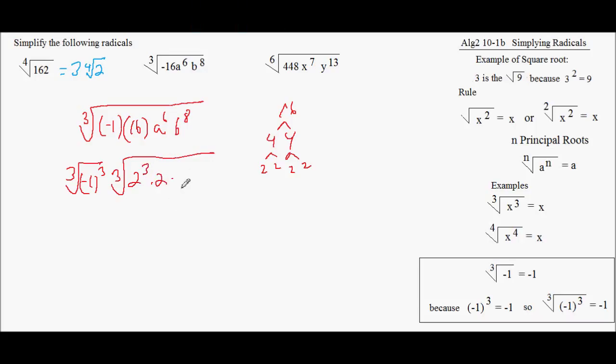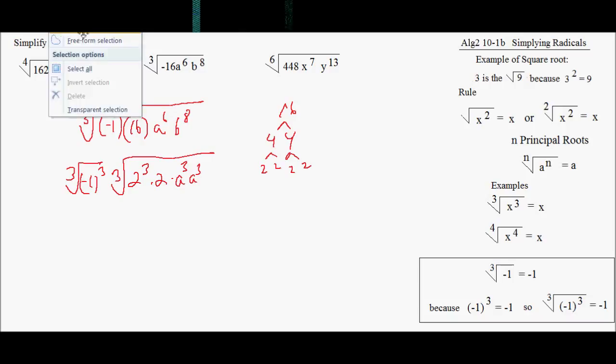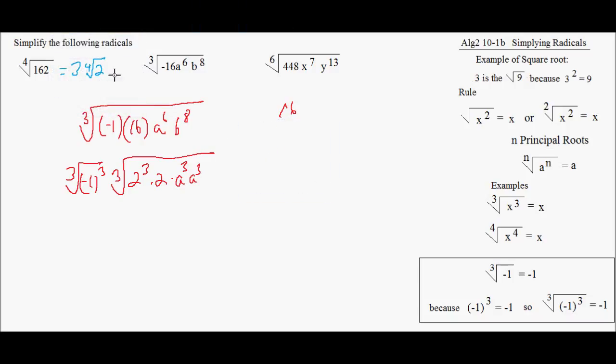Then a to the third, a to the third, and b to the third, b to the third, b to the second. I split it.